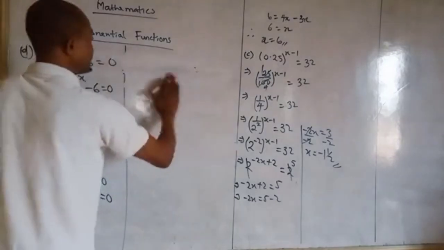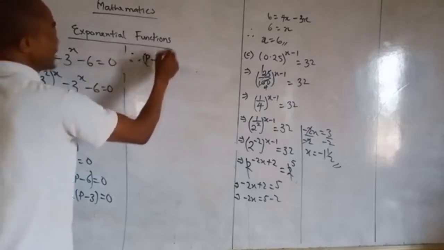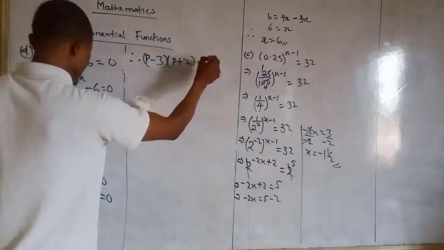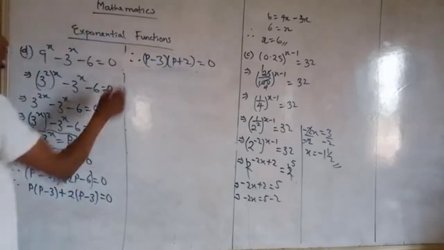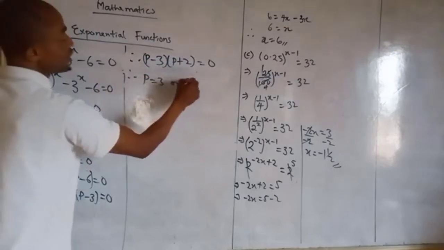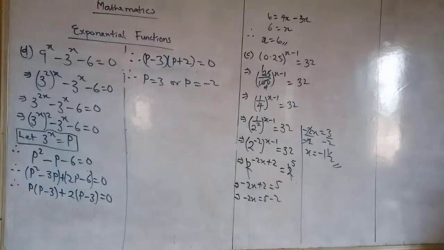Therefore, we say that p minus 3 into bracket p plus 2 equals 0. Therefore, p equals 3 or p equals negative 2. So we've gotten the values of our p.